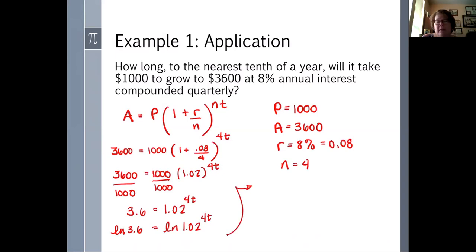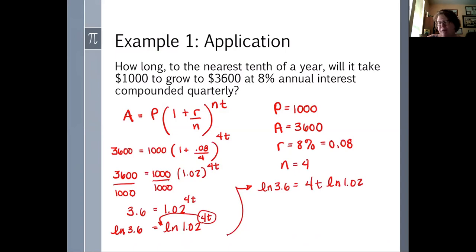When I take the natural log of something being raised to a power, I can bring that power out as a factor. So I can take this 4t and bring it outside the logarithm. Now if I'm solving for t, I can divide both sides by everything but t. On the right-hand side, I have 4 times t times the natural log of 1.02.